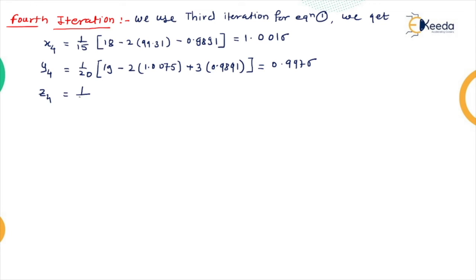Similarly, you have to take z4, the value of z for the fourth iteration. z4 is 1 upon 25 times the bracket 22 minus 3 times 1.0075, the value of x3 from the previous iteration, plus 6 times the value of y3, 0.9931. We put the recent values into the next iteration and get 0.9974.